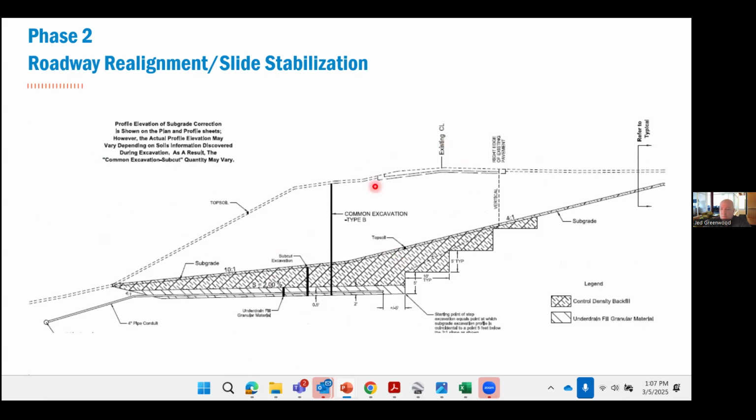So here's the original highway. You can see the existing center line. This material was removed, cut all the way down to here. A drainage blanket was installed with this pipe network. Fill was placed back in, and then the highway was realigned further upslope.